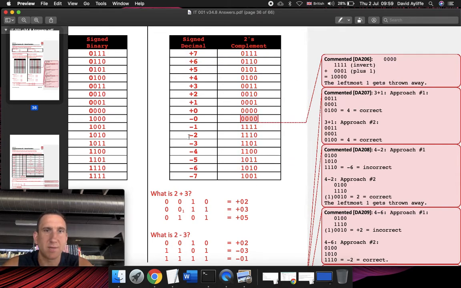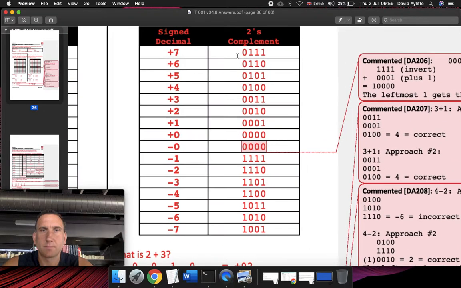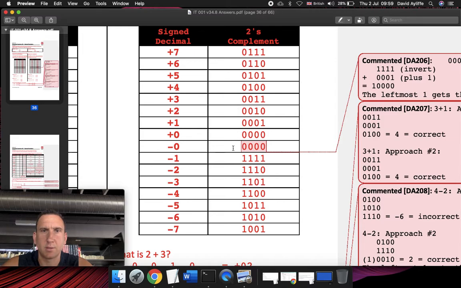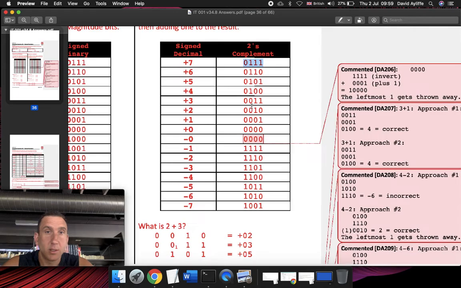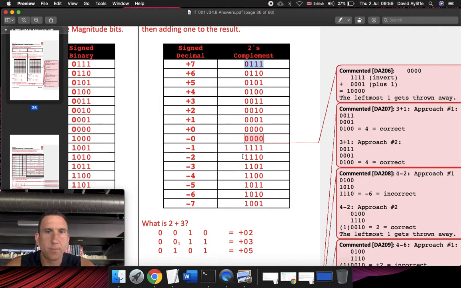And because they're positive and negative, if we count these 1, 2, 3, 4, 5, 6, 7, 8, 9, 10, 11, 12, 13, 14, 15, 16, 2 to the power 4, because we've just got 4 bits, the maximum we can show is 16 values.